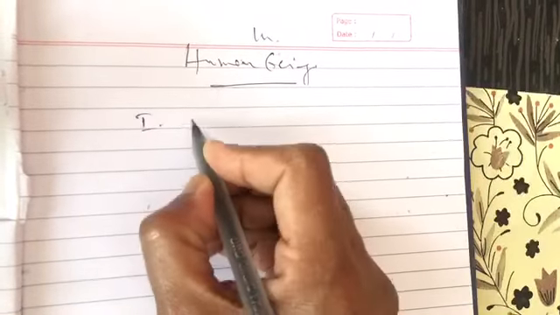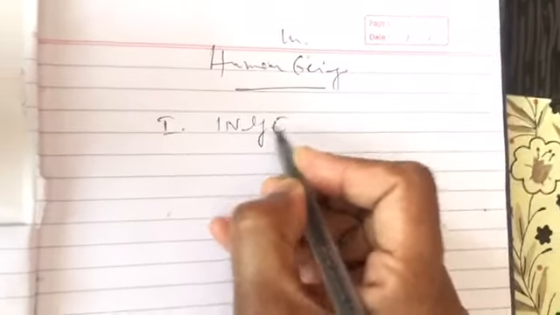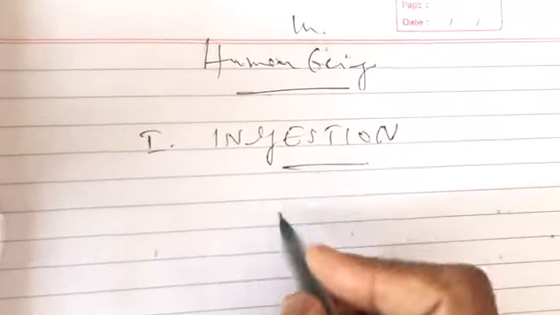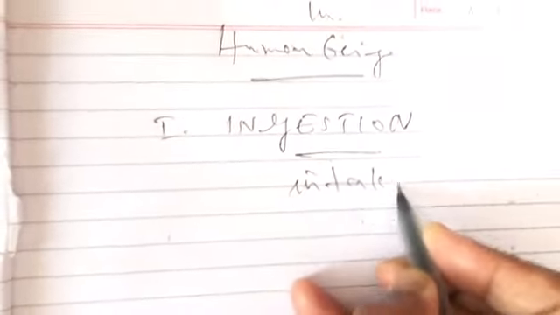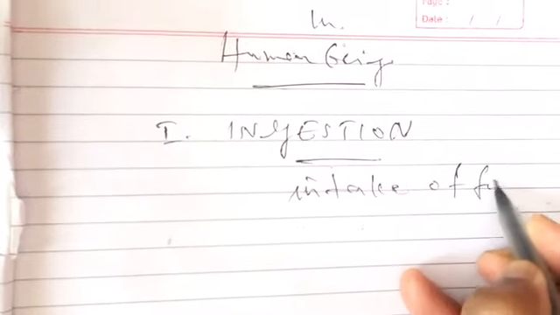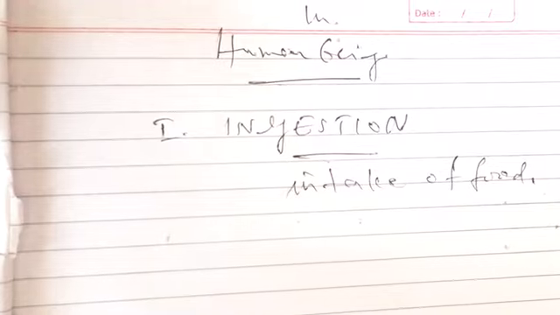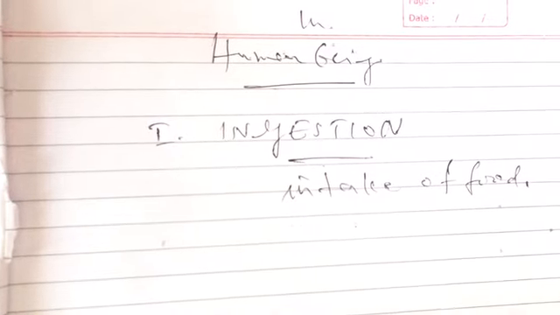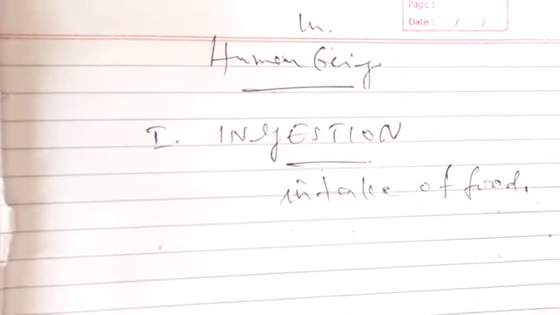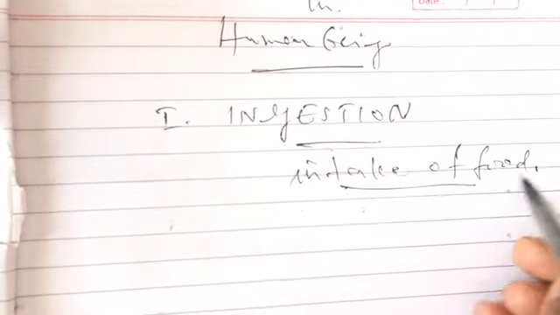Holozoic nutrition has different steps. The first one is known as ingestion, which means intake of food. As we already know, we are taking the food through the mouth. So, the ingestion or intake of the food takes place through the mouth.